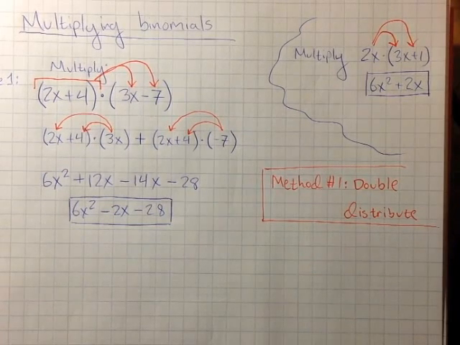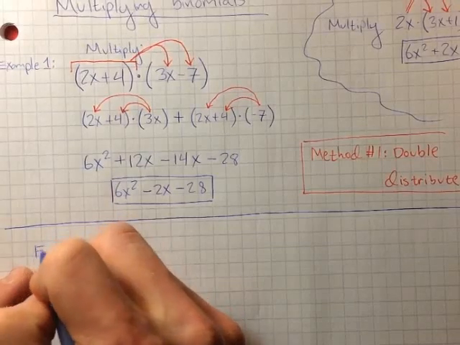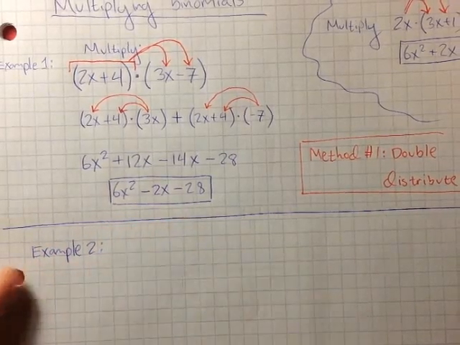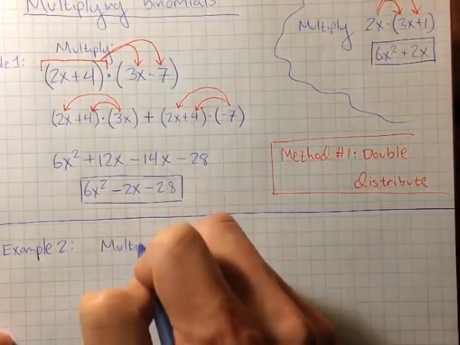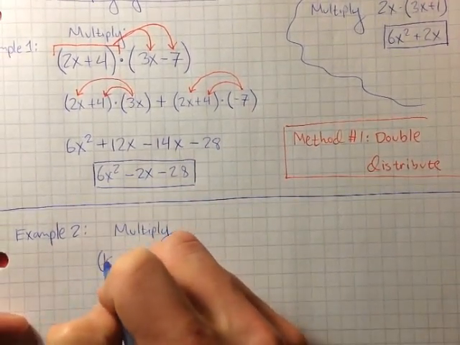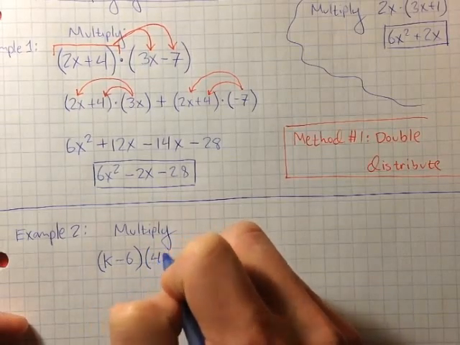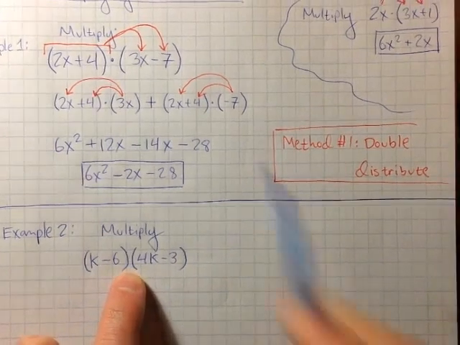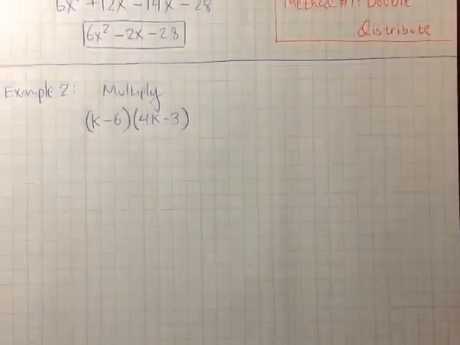Now, let me show you another example of using double distribute again. We're going to go a little bit quicker through this one. Example 2, let's say the directions were to multiply. How about k minus 6 inside of parentheses times 4k minus 3. I don't have a multiplication sign in the middle now, even though it's understood that there is multiplication happening here.